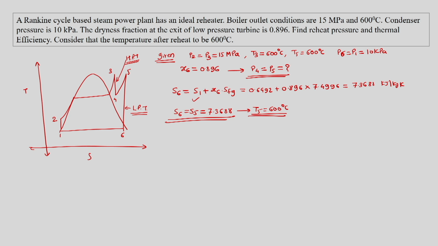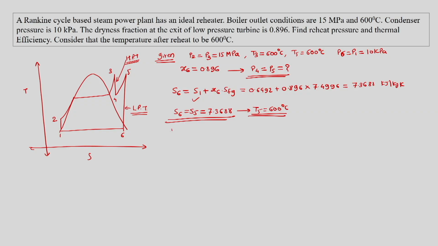So basically here we can go into the steam table, in the superheated part, and look at 600 degree Celsius corresponding to different pressures and find the pressure which would have entropy 7.3688. So that pressure becomes the pressure P5. So we can do that.